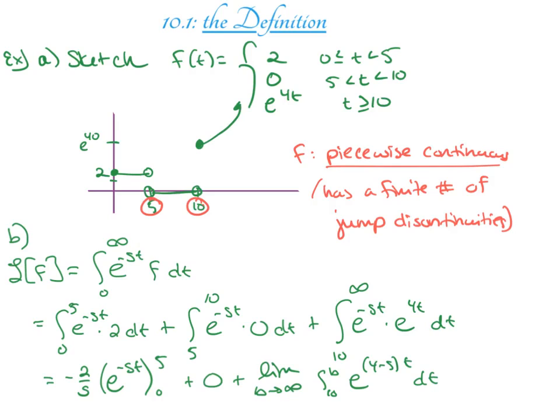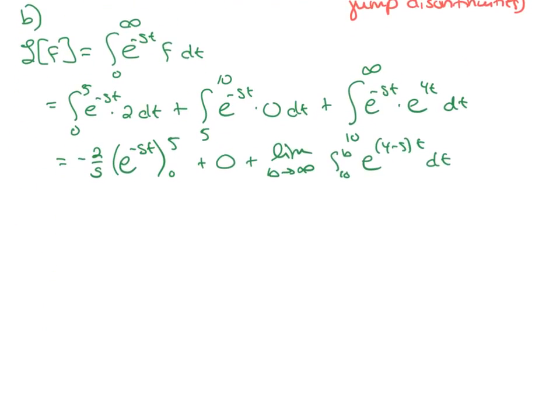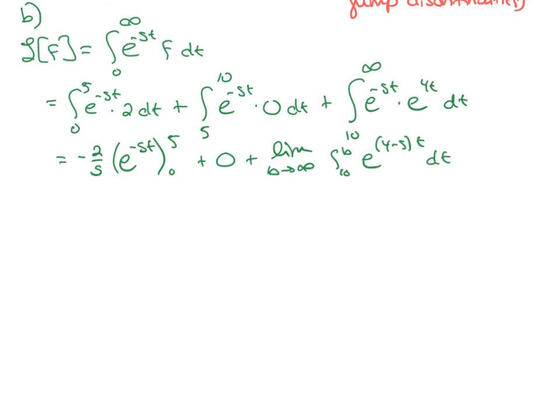Okay, let me scooch this up and plug these in. So the first one, negative 2 over s times the quantity e to the negative 5s, let's make that more 5-ish, 5s, minus 1.